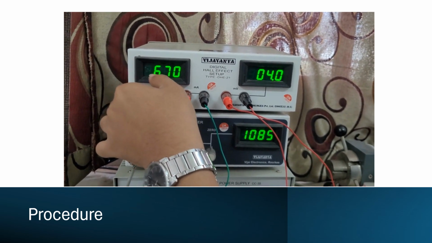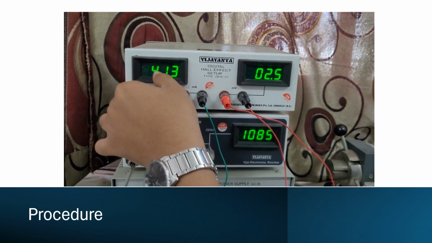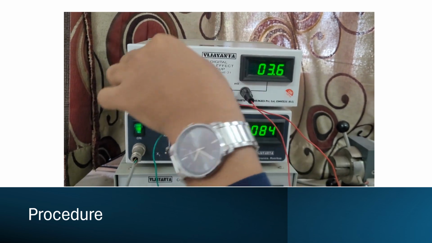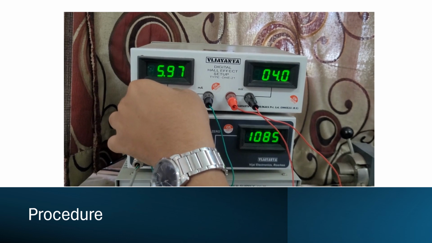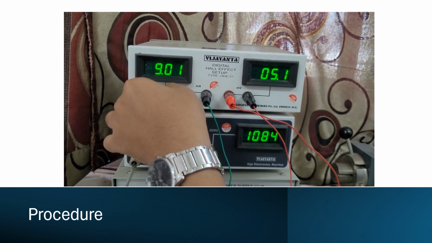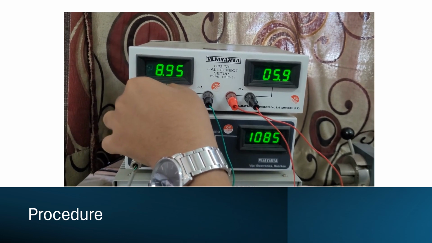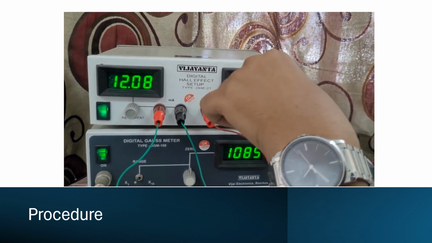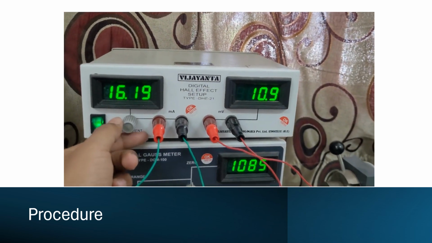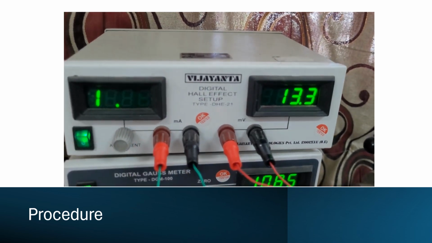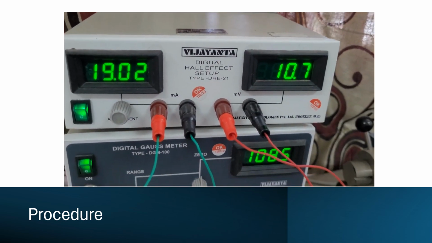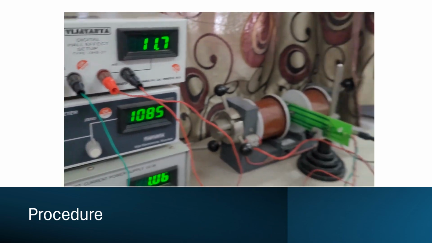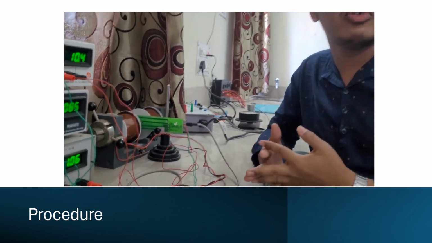As you can see, at almost 4.1 it is coming almost 3.6, and now we can change it to like 9, and we can see the Hall voltage is 7.5. So we can do this variation of the current and the Hall voltage. In this way we can measure the relationship between the Hall voltage and the current passing through the semiconductor.